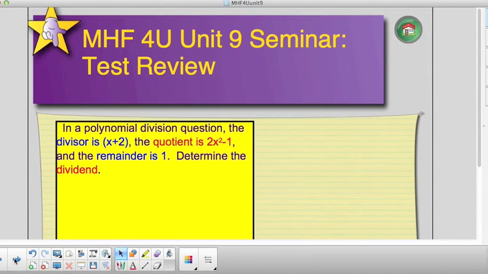Next question. In a polynomial division question, the divisor is x plus 2, the quotient is 2x squared minus 1, and the remainder is 1. Determine the dividend. So this is kind of an application of what we've just learned.